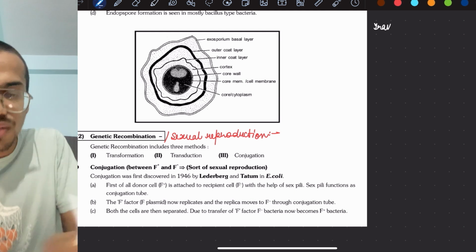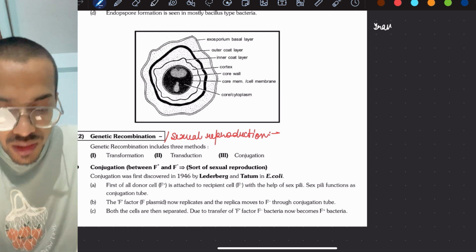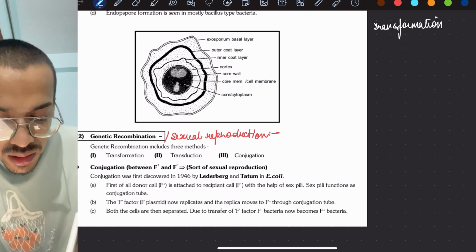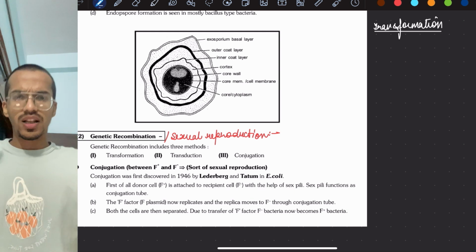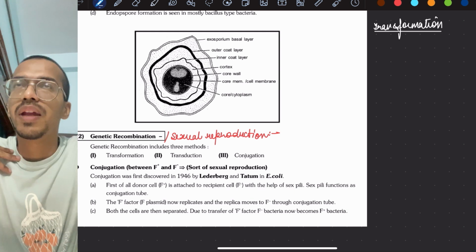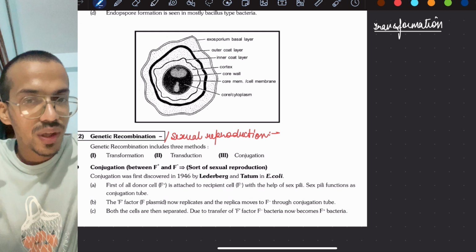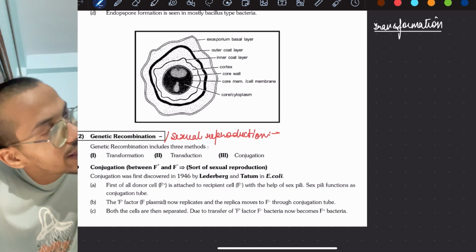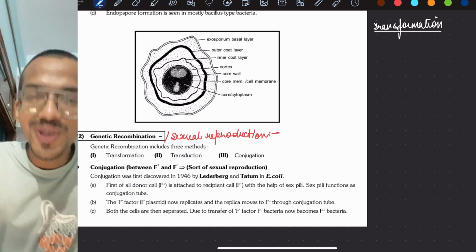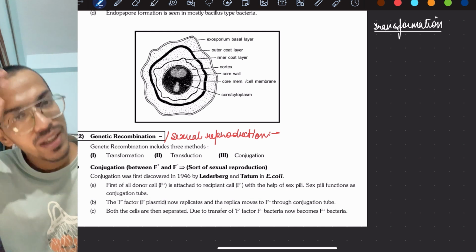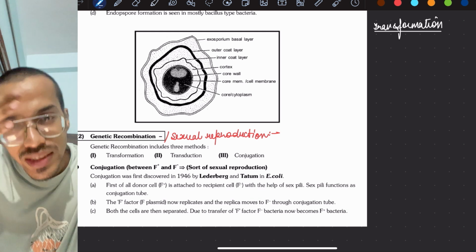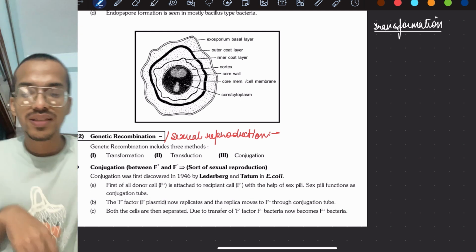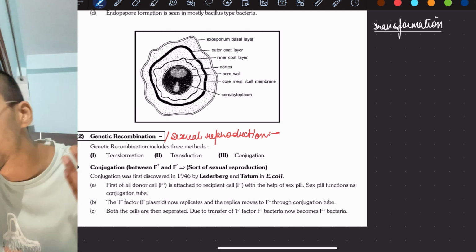In transformation, let me put it like this: how do you transform? For example, I am Varun and you want to look like Varun. So what will you do? First you will get your head shaved, well, of course you won't, but if you want to look like me, you would. Your skin color, you will do makeup like this. You will put 4-5 hairs as a so-called beard and mustache.